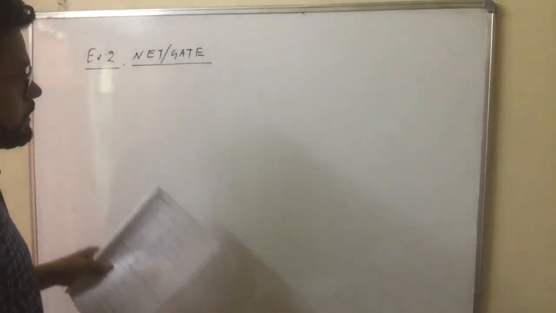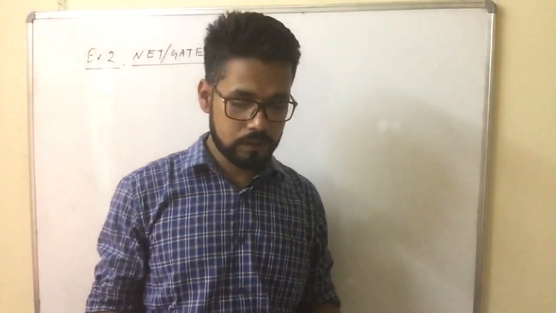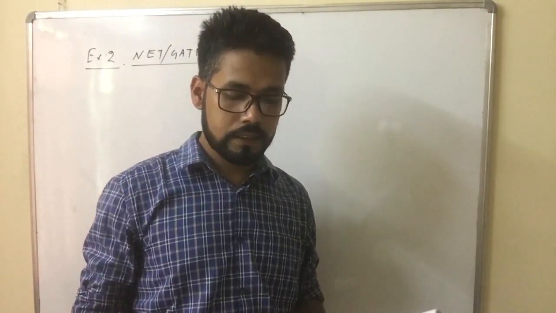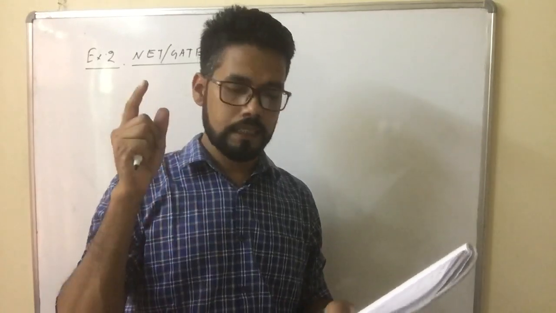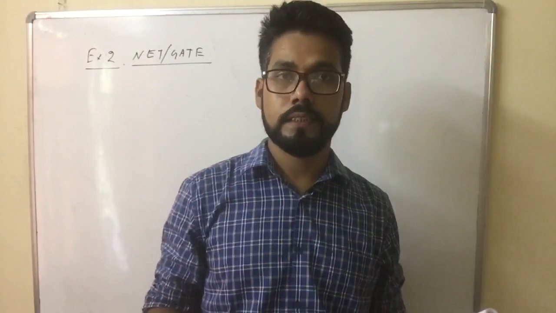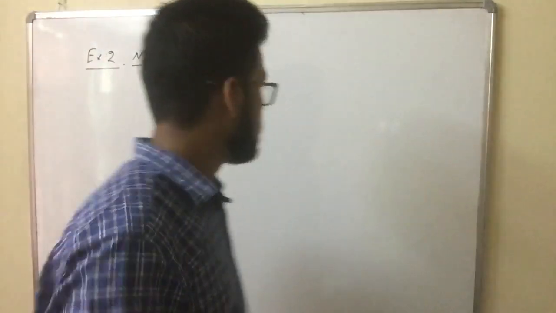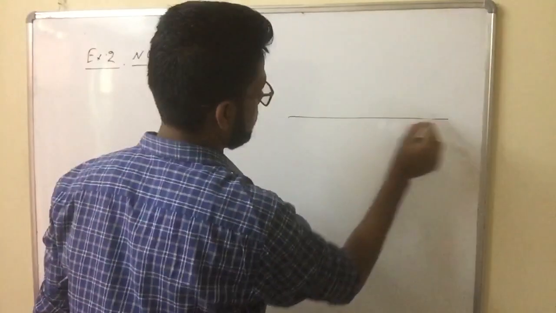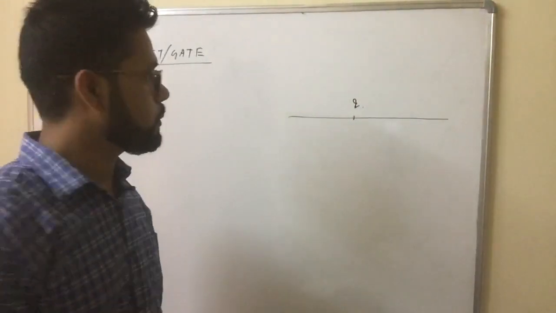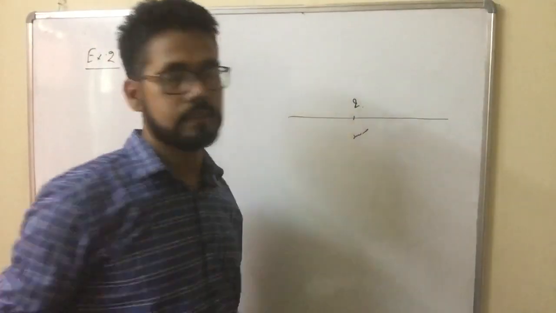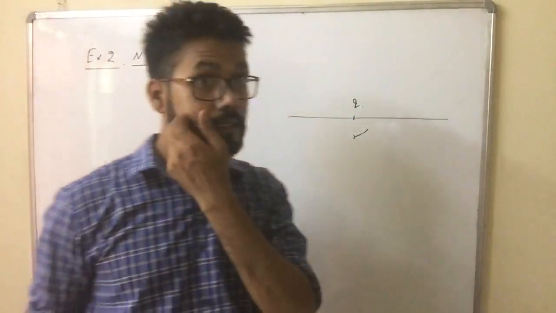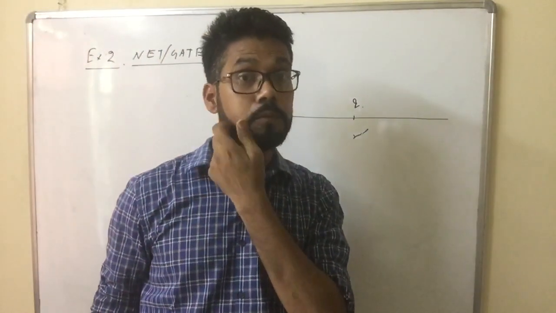Read the question very carefully. A point charge Q is located at a point r dash. Find the charge density in terms of a delta function. That means what? Express this charge density in terms of a delta function.